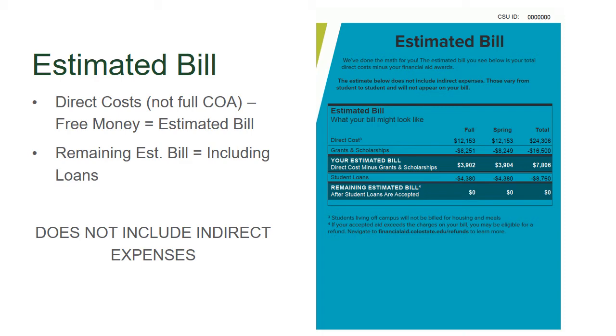So just to be more transparent, what the bill might look like with the actual grants and scholarships being applied if students are receiving those types of awards, and also what it might look like with the loans being applied as well. Now this does not include any indirect expenses. This is only looking at the direct expenses here at CSU. Okay? And we'll talk a little bit more about how students can use this information to create a budget for the upcoming year as well, and that's going to be on the last page of this offer letter.